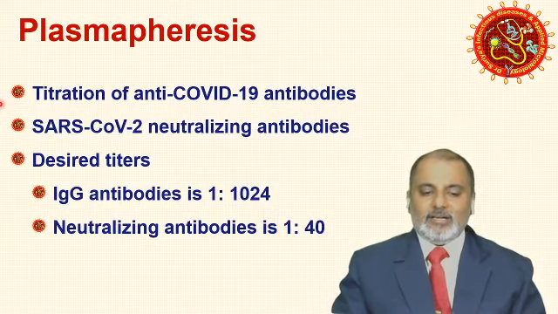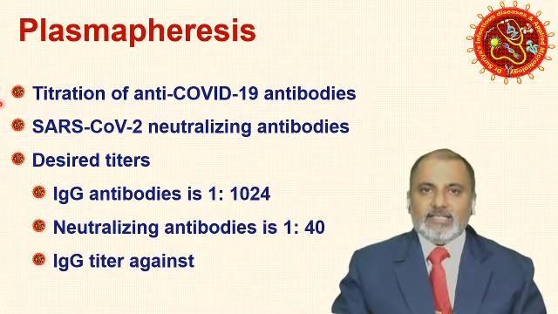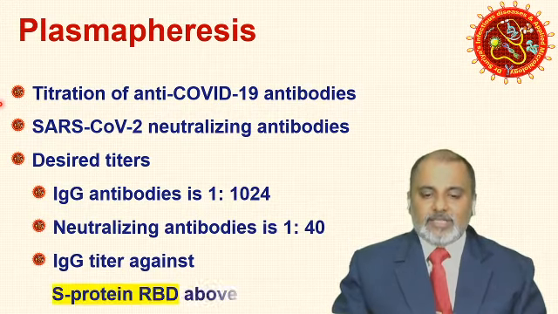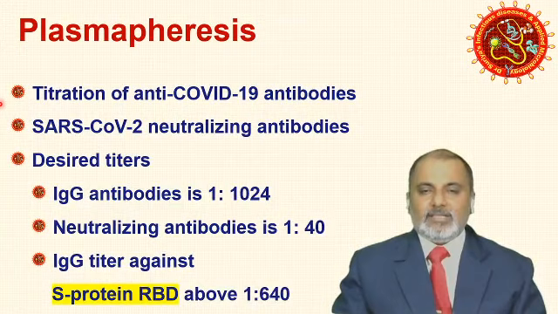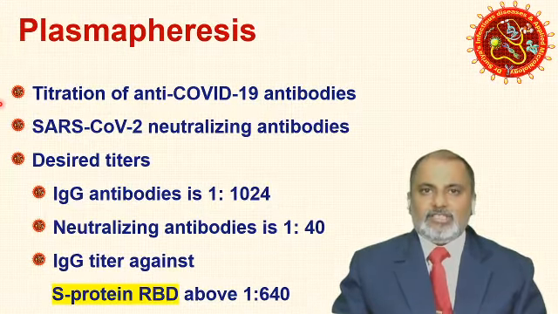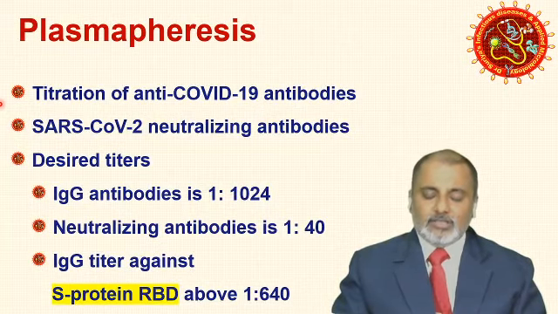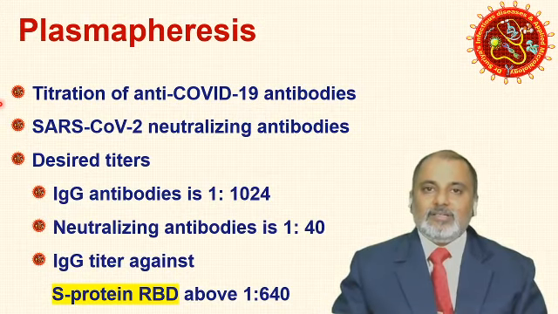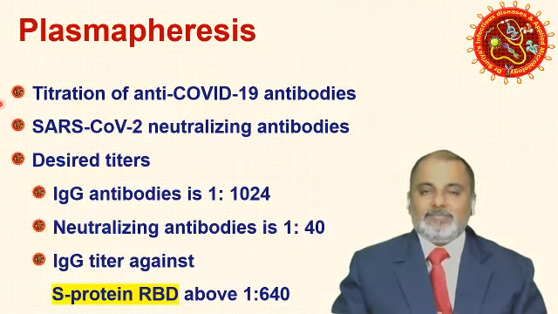It's a guideline. Or suppose the facility is not available, IgG titer against spike protein in receptor binding domain above 1 in 640. So if you are having a specific antibody detection against spike protein, if it is more than 1 in 640, that donor is eligible for donation. So this is the criteria.